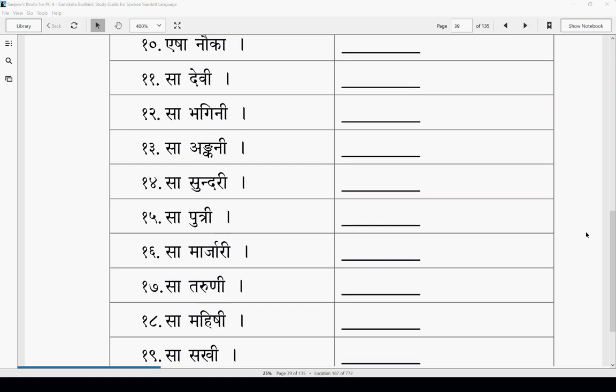Mahishaha is the male buffalo, the bull, the he buffalo. Mahishaha, Mahishi. Like Marjaraha is male cat, Marjari is female cat. Mahishaha is he buffalo, Mahishi is she buffalo.